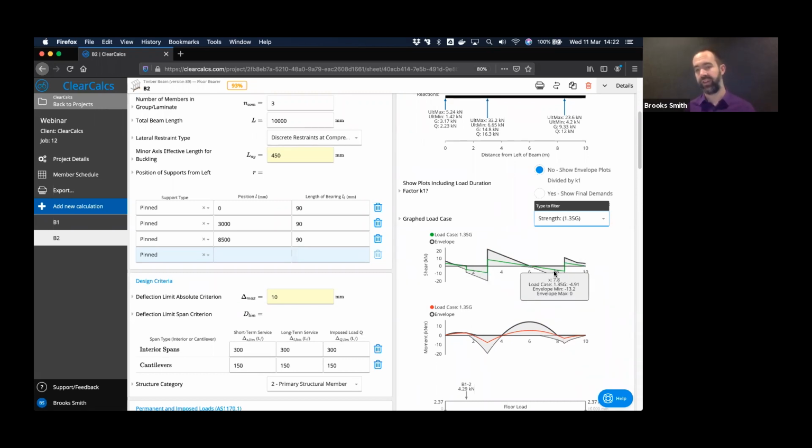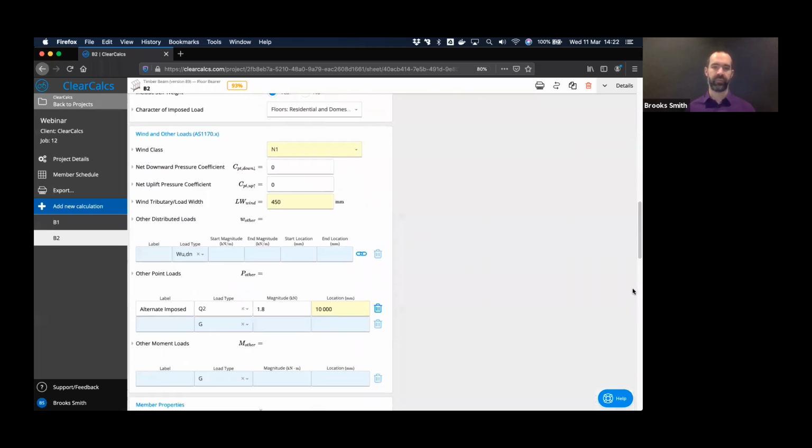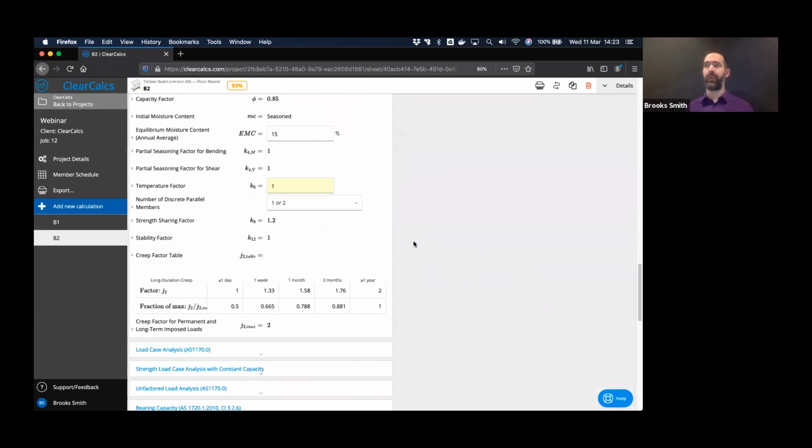And you can see that that's not governing. And you can see how it is governing for 1.2 G and 1.5 Q. Just scrolling back down, since we did make this a laminate of 3 members, that strength sharing factor is now equal to 1.2. So we're automatically calculating that out.